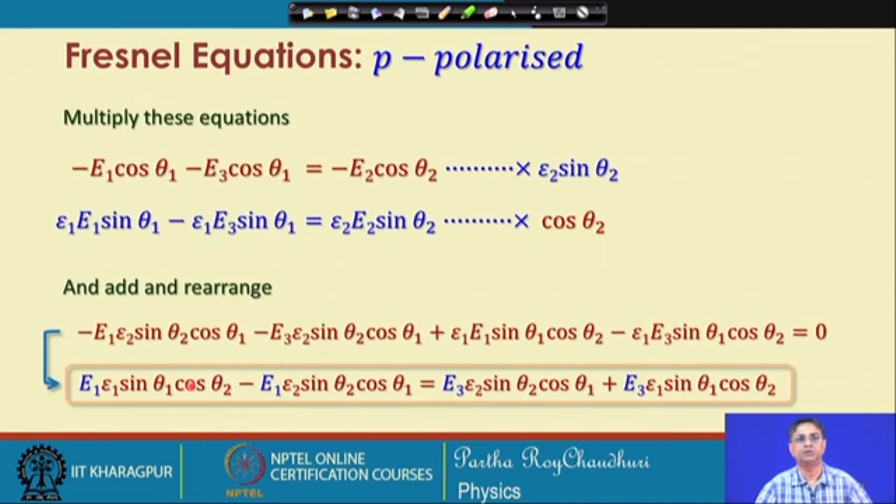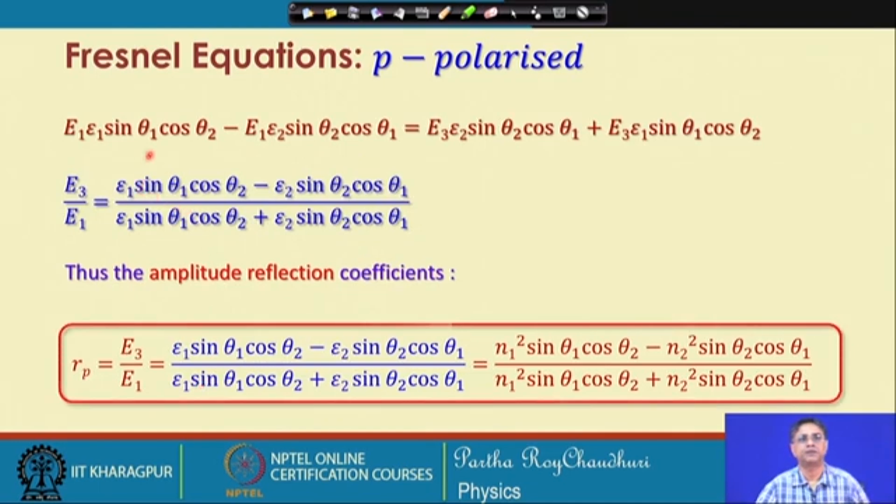So, we can write from this equation, E 3 by E 1 is simply the ratio of the sine and cosine components in this form. Therefore, E 3 by E 1 we can readily write down in this form, but what is E 3 by E 1? E 1 is the incident amplitude of the electric field, whereas E 3 is the reflected amplitude of the electric field.